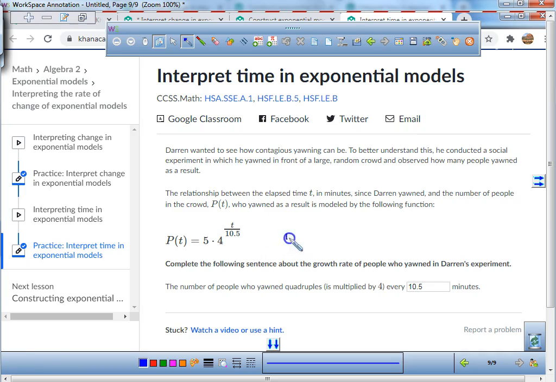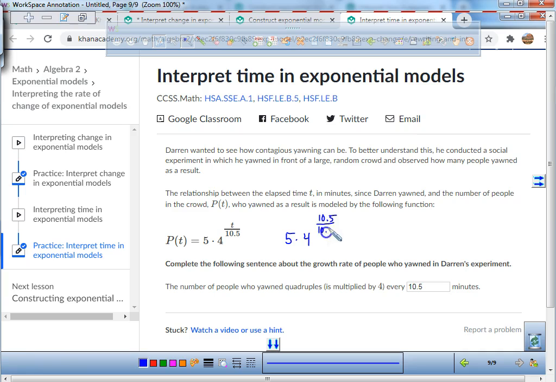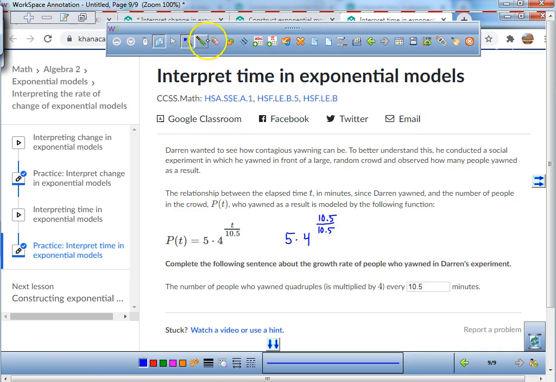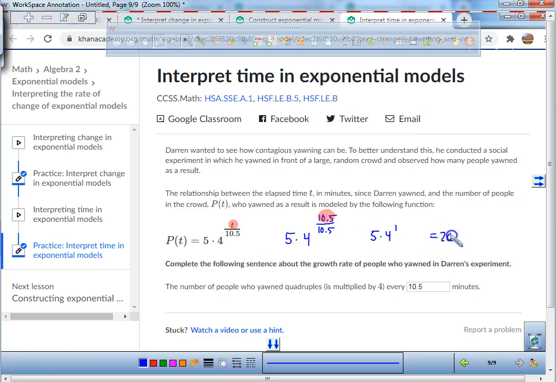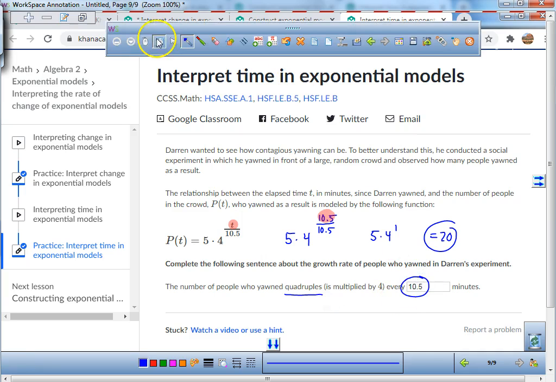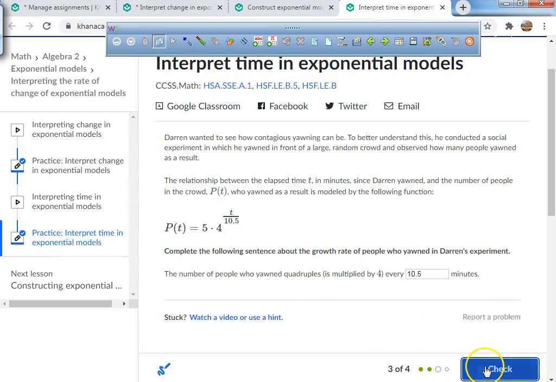If I have 5 times 4 to the power of t over 10.5, and I plug in 10.5 right there, that becomes 5 times 4 to the power of 1. So now it goes from 5 all the way up to 20. So it quadruples not every minute, but every 10.5 minutes.